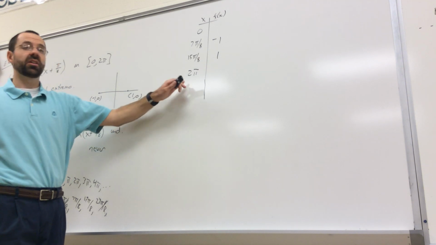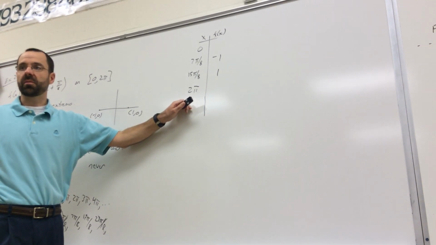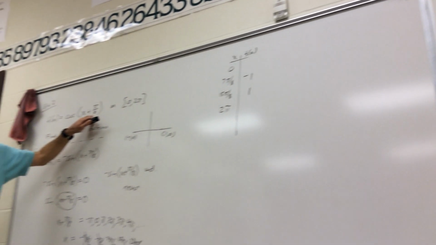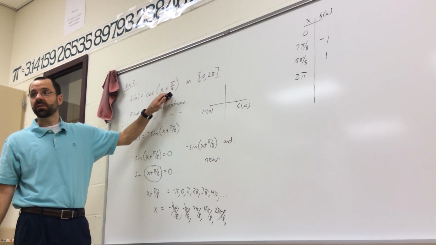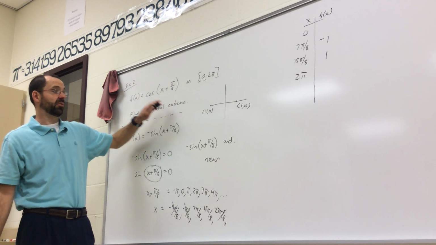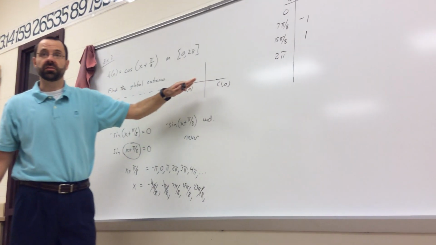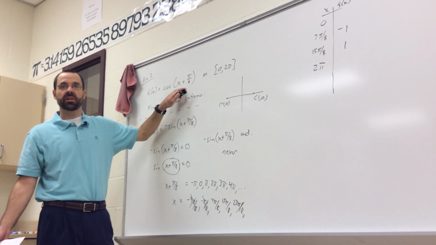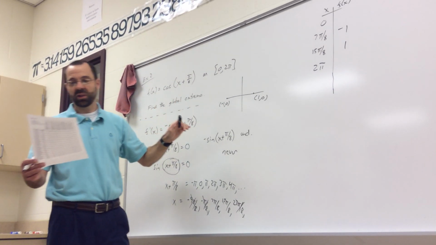Okay, now I was trying very hard to make this a non-calculator problem. However, if I add 0 plus pi over 8, I get pi over 8. And the pi over 8 angle doesn't appear on the unit circle. So we're just going to take the cosine of pi over 8 with our calculator. It comes out to 0.92.